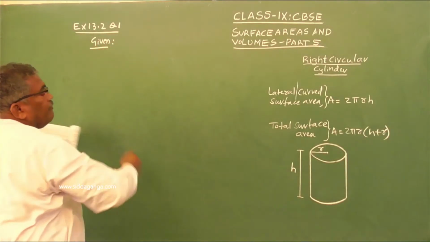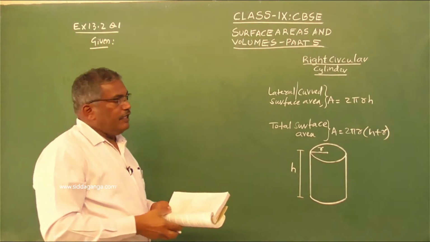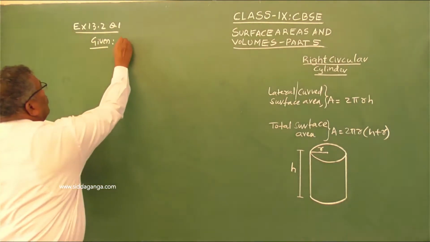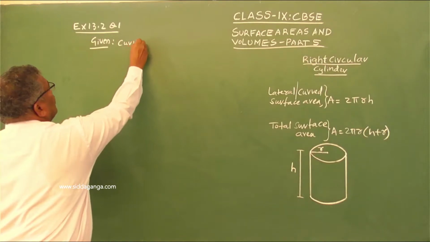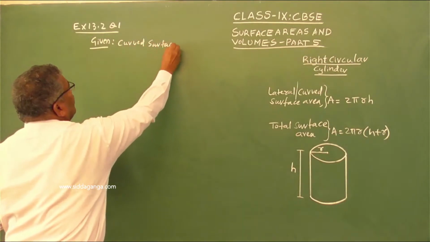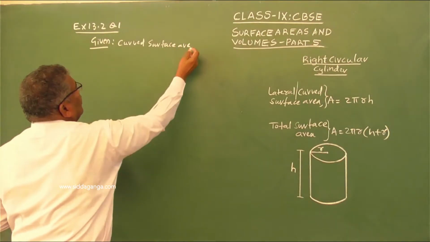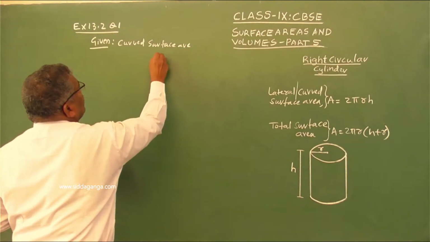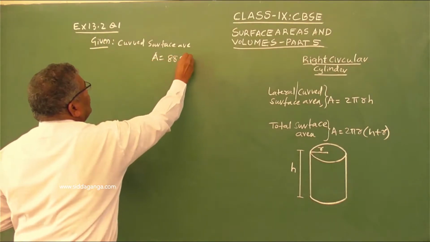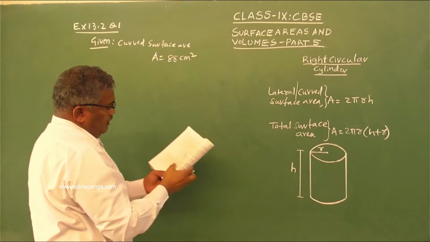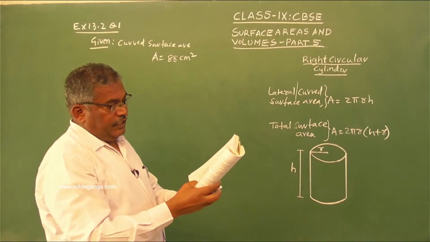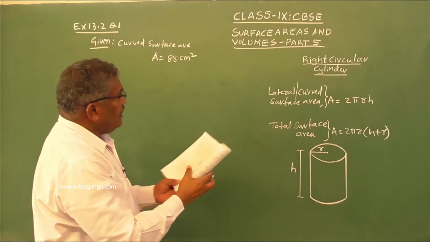the curved surface area is directly given here. So the value of A is given. So curved surface area A equals 88 centimeter square, and the question says the height of this cylinder is 14 centimeter.